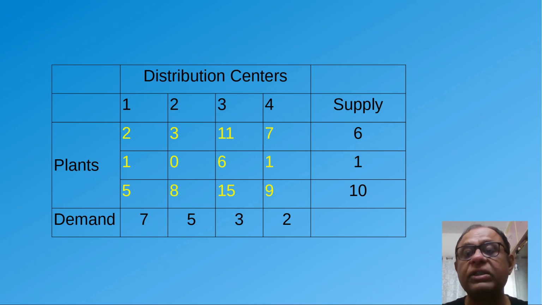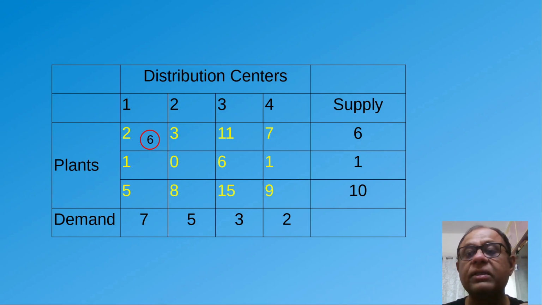So the first allocation here is going to be 6. Okay. So you will allocate 6 units because the complete supply from plant number 1 can be given to distribution center number 1. Okay. So you allocate it completely.